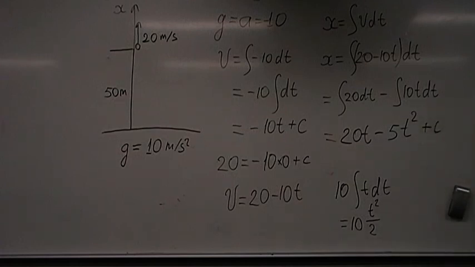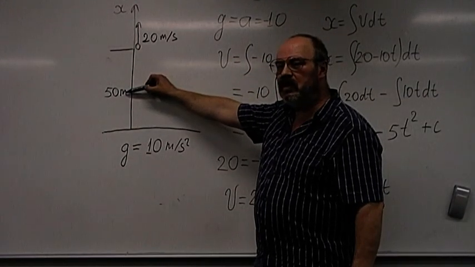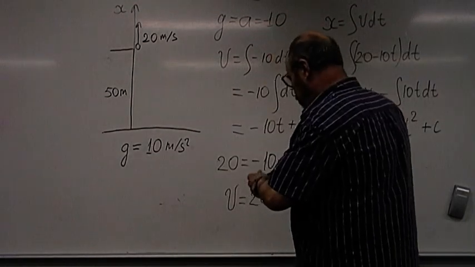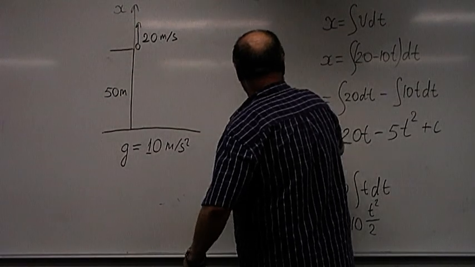How can we find c? When time equals 0, x equals 50. So let's substitute it there.